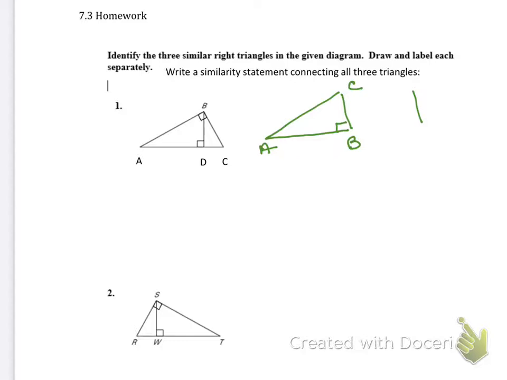So the big one's going to be the green. And the purple will be the medium side. That's probably the easiest to draw because the orientation is exactly what you're seeing. And then we'll do the last one in a darker blue.